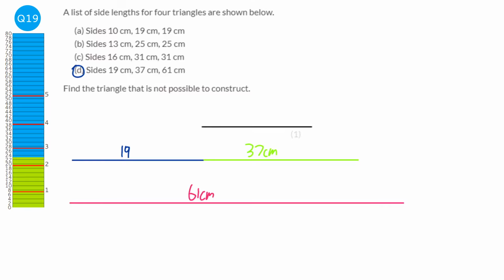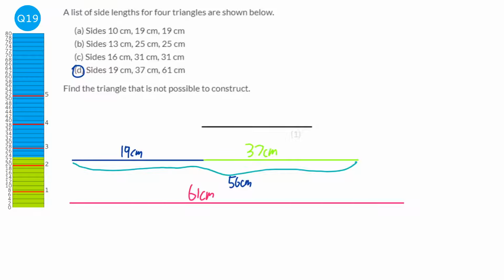Now, looking at the first two sticks, the actual combined distance of them, when we add them together, 19 centimeters plus 37 centimeters is 56 centimeters. So that's the combined width of them. And you can see that that actually wouldn't be able to create a triangle if the third stick is 61 centimeters.